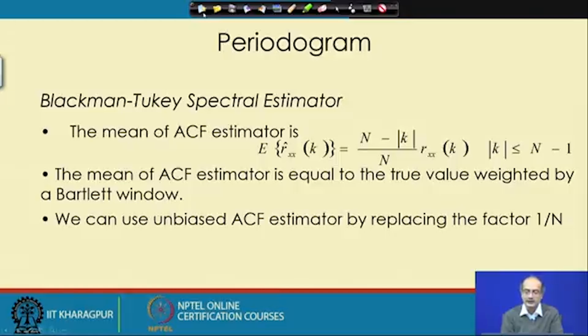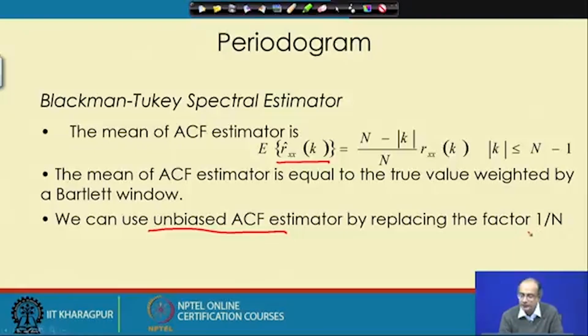The first fix that comes to our mind, to make it an unbiased ACF estimate, is to change the formula of the estimate of the autocorrelation.